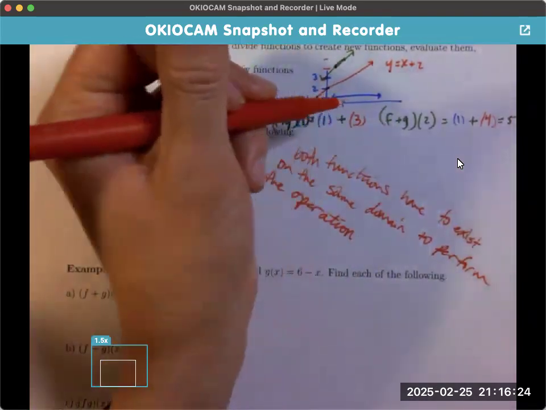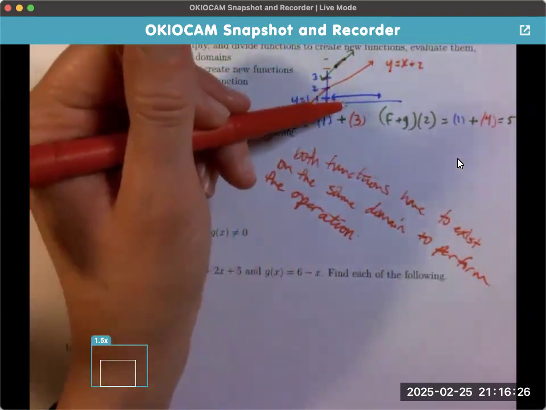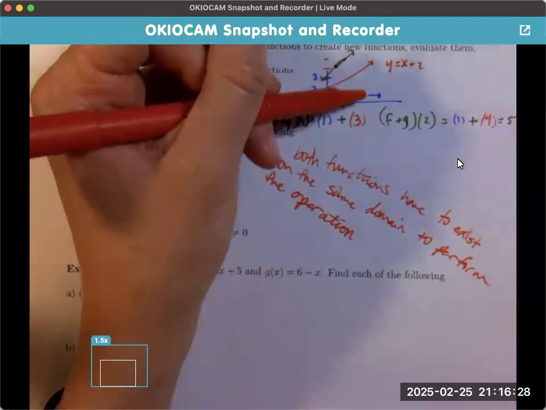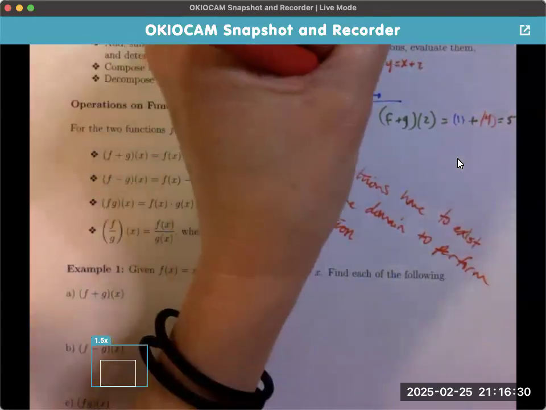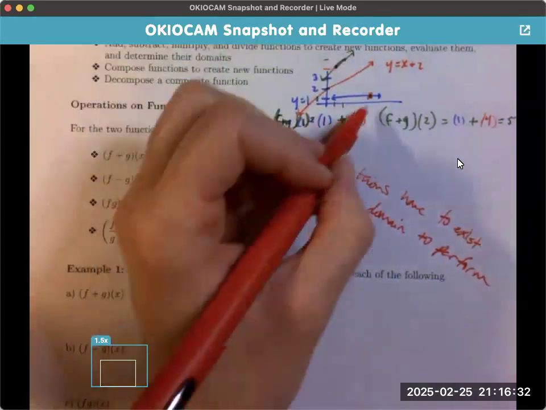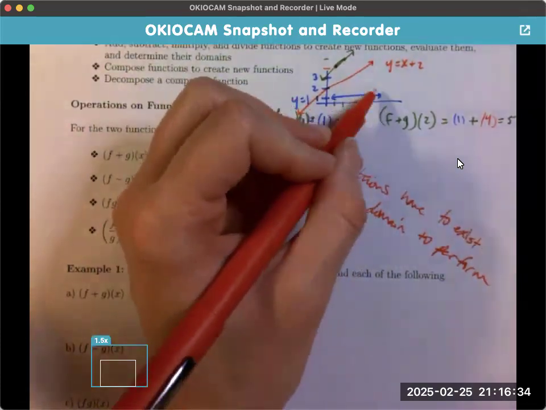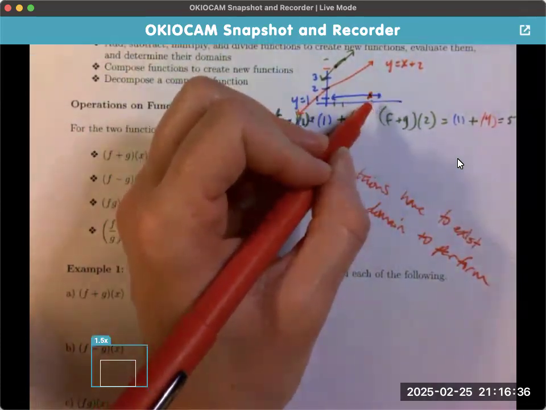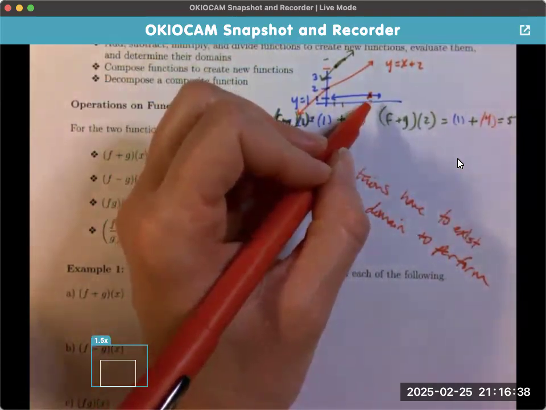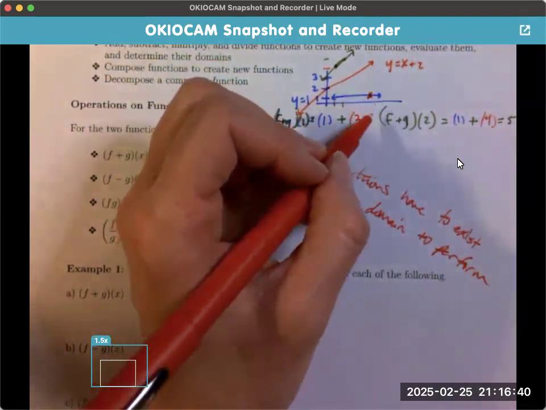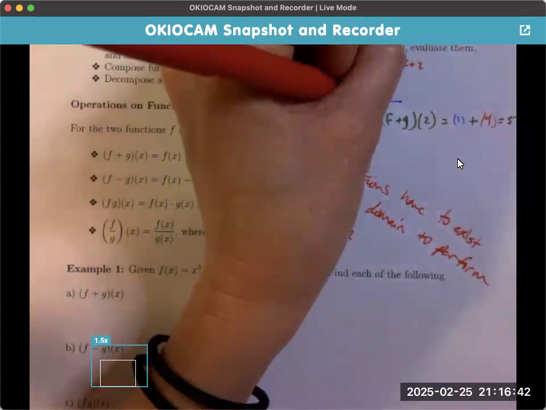So for example, if for whatever reason there was a blip here and there was no point, well, then I could not find the sum of those two points because there was a blip. There's no y to add to another y. I hope that makes sense.